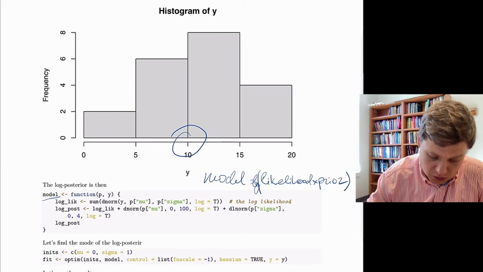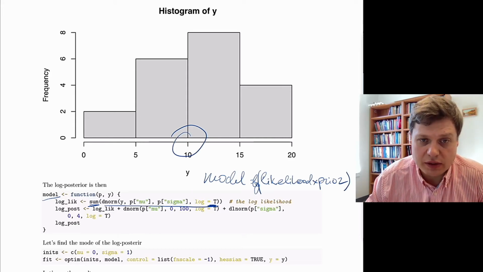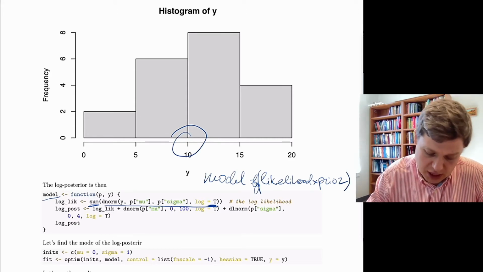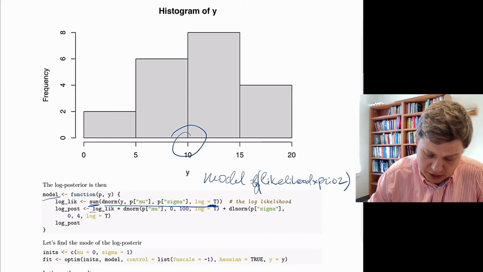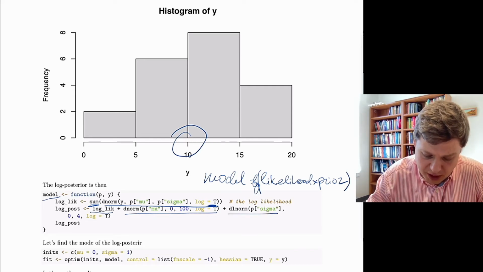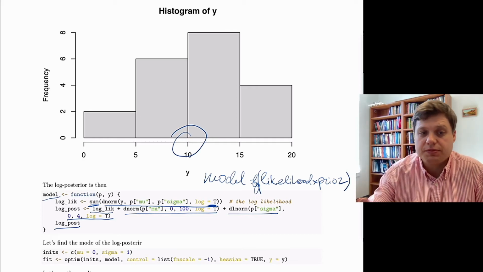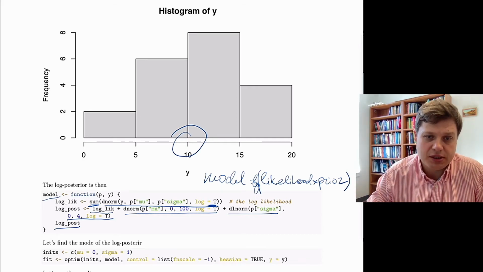And so log likelihood is just the sum of the normal density, and we specify that we take it in a logarithmic scale. So this is the log likelihood, and then we take the log likelihood and add the logarithm of the prior for parameter mu, and then the logarithm of the prior for the parameter sigma, and this is our log posterior, or a function that is proportional to the log posterior.